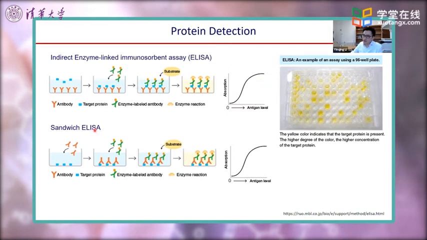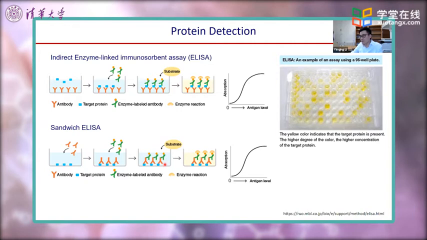Another form of ELISA is called sandwich ELISA, in which case the targeted protein or the sample is first added to the well and is absorbed onto the bottom. And then the antibody is added, which will recognize the antigens. And then the secondary antibody will recognize the first antibody.